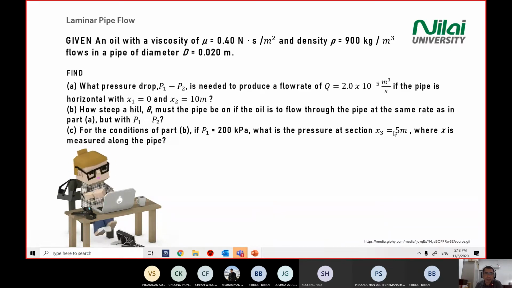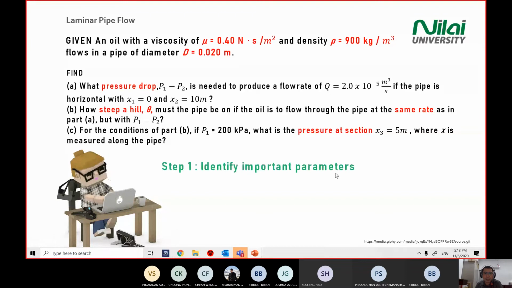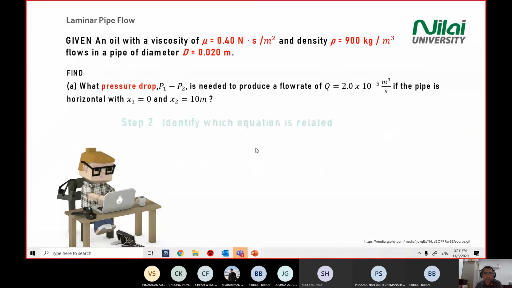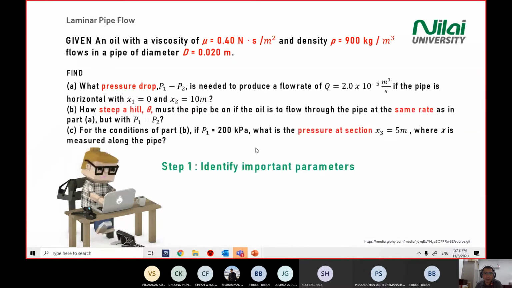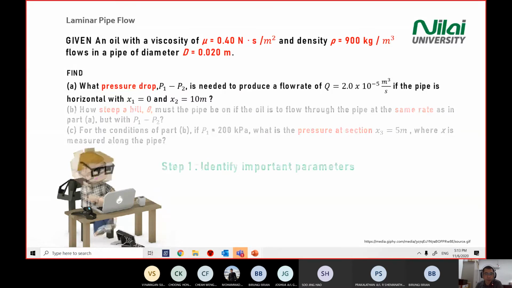What is the pressure there? So meaning in the uphill pipe, what is the pressure there? How do we apply our equation? Again, pull out all the important parameters as usual.